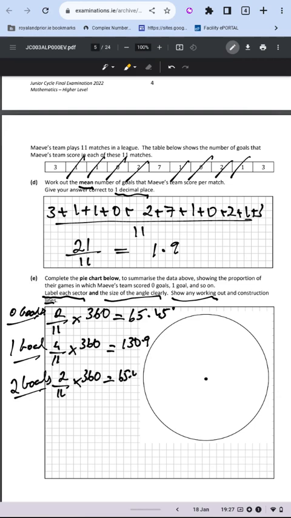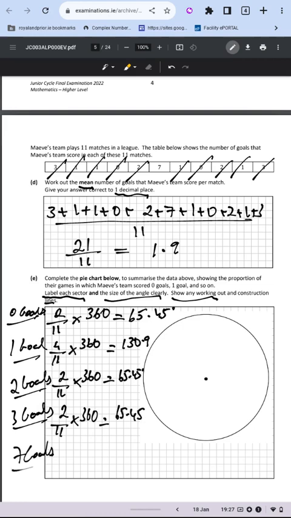So we get our 65.45. 3 goals, 1, 2, once again. And then our 7 goals, must have been like United v Liverpool or something. 1 out of 11 by 360, and we get 32.73. You could add up all those angles, that'll give us 360.